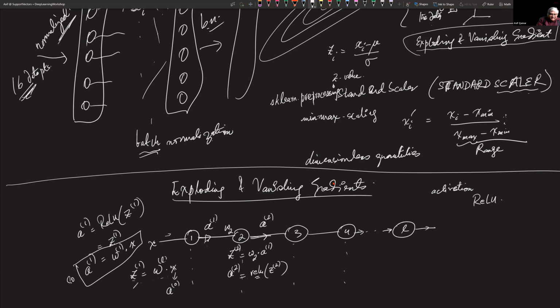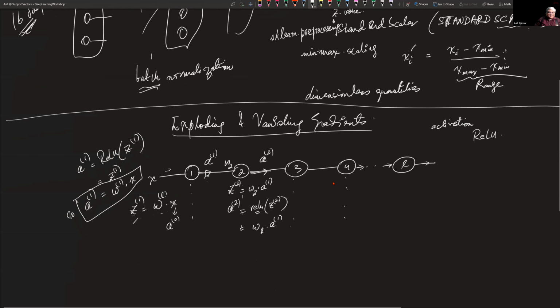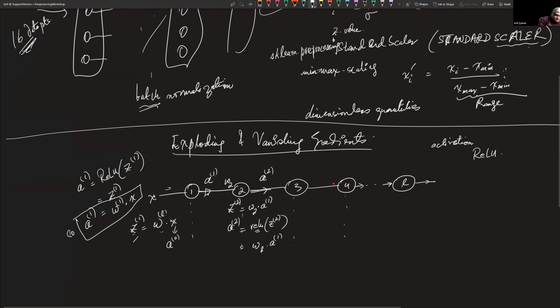If it is open, this is nothing but W2 times Z2, W2 times the input that is coming from A1, and if you really continue this line of reasoning, you will see that this is equal to W2, W1X.